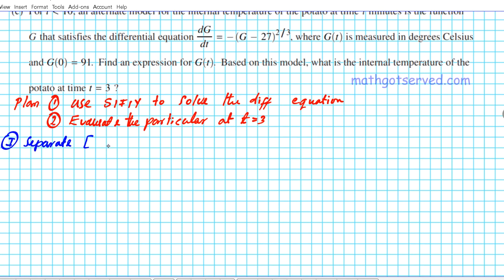So we're going to have f of g and dg on the left side, and then we'll have f of t and dt on the right. That's basically how we're going to separate our variables.